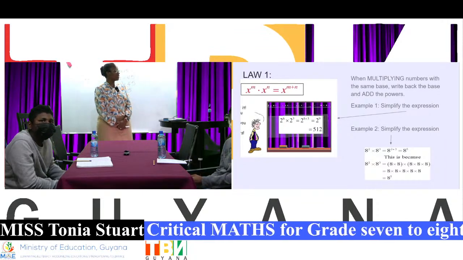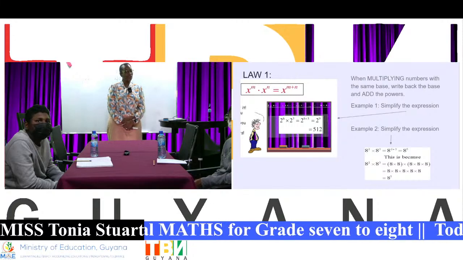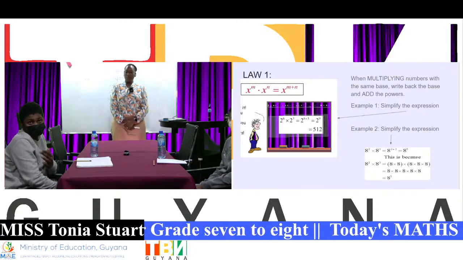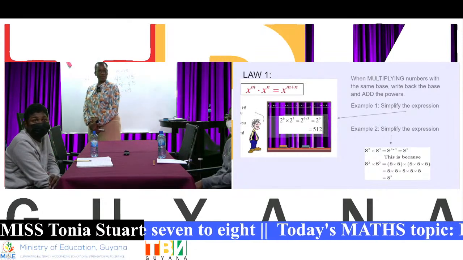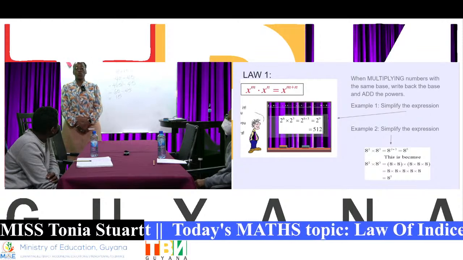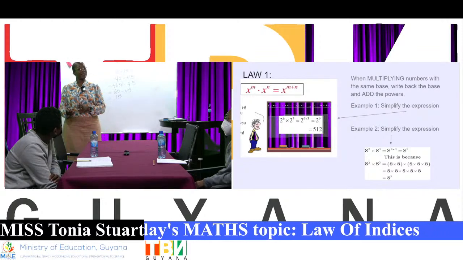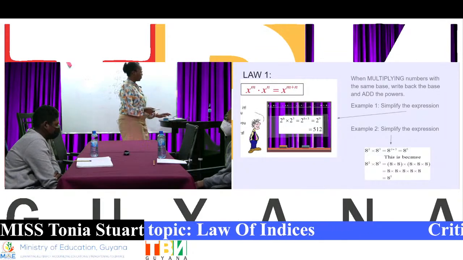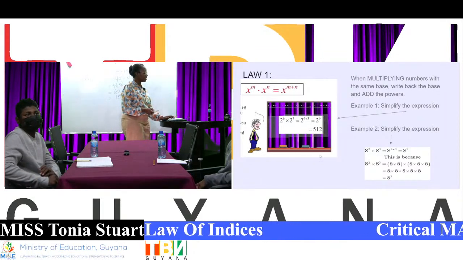And then we can write it the other way by showing the expansion. 8 multiplied by 8, multiplied by 8, multiplied by 8, multiplied by 8. That is 5 times. So it's 8 to the 5th power. We can also go on and multiply it and get a final answer, like how we did the one with 2 to the 9th power.